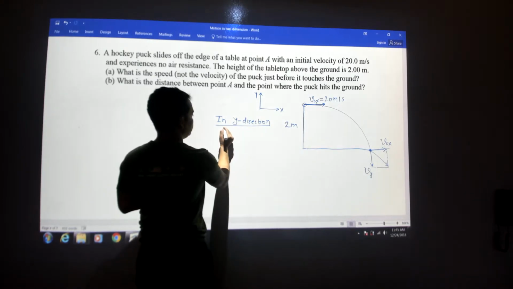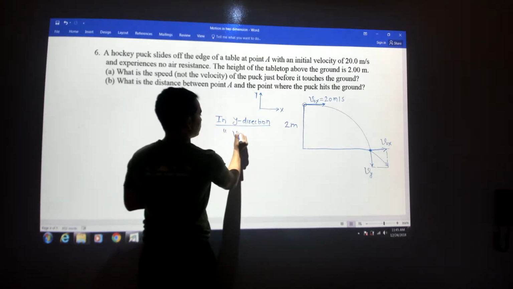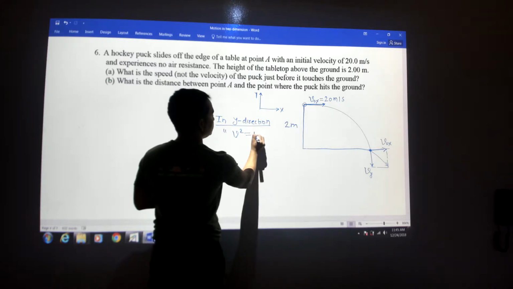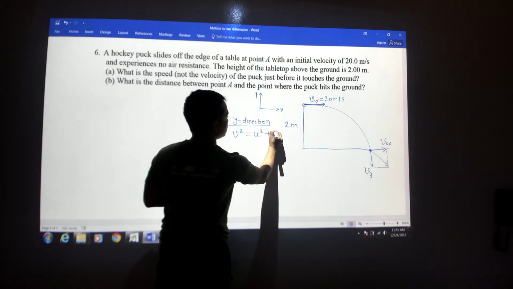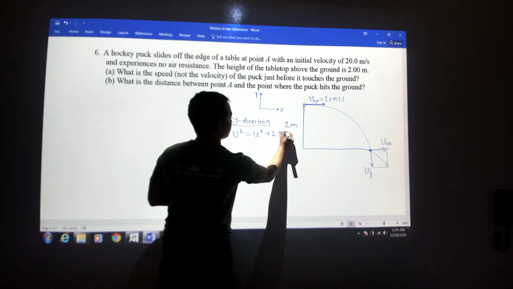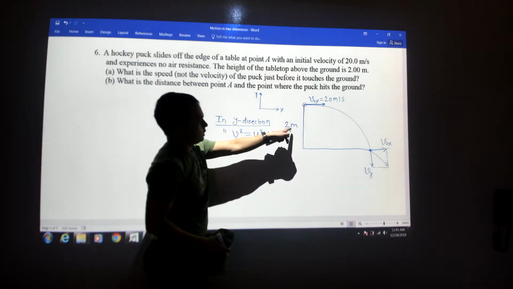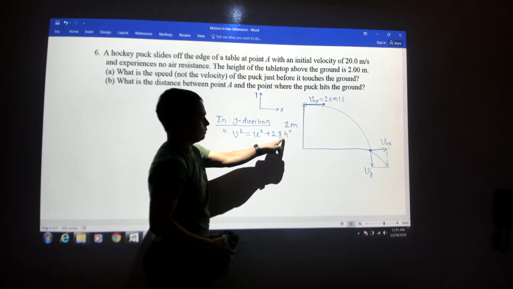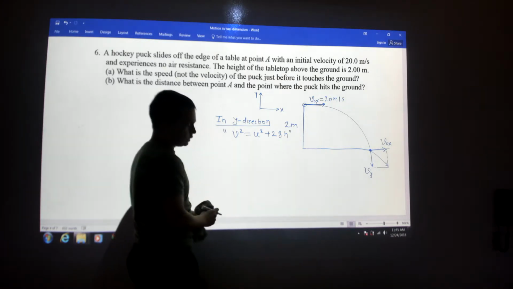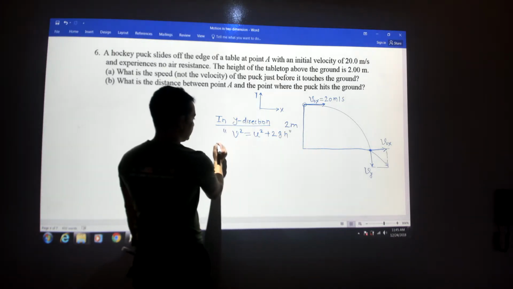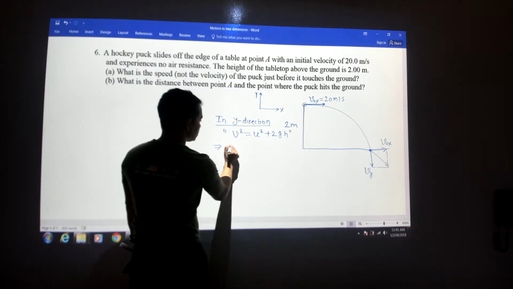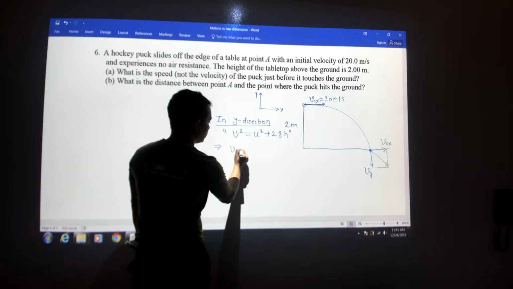So we have to use V squared is equal to U squared plus 2GH. Why did I use this equation? Because 2 meters is given, so height is given. We do not know the final velocity, so we have to calculate the final velocity.